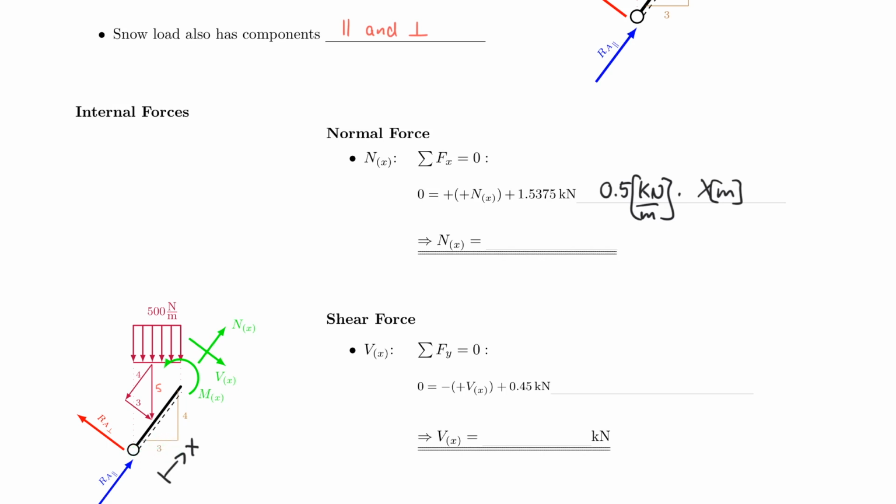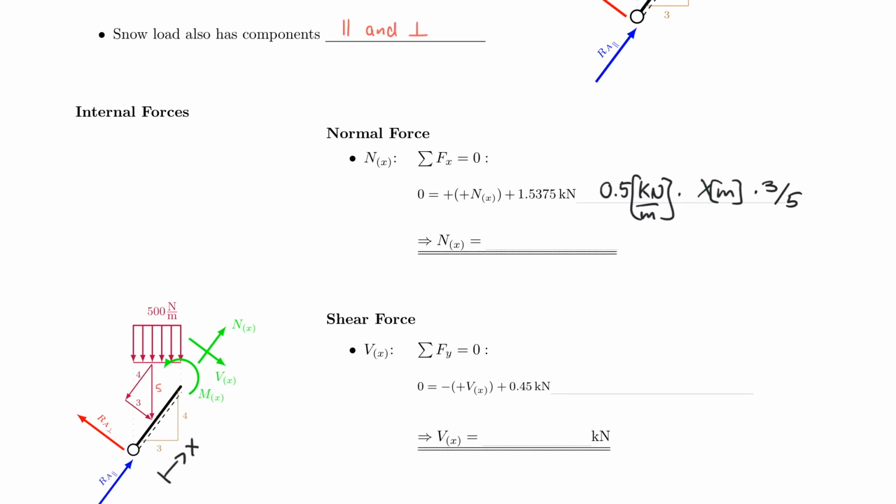So therefore, I'm multiplying this by 3 and dividing it by 5. And that makes perfect sense, right? Because x is always longer than the horizontal. And so this number here makes it always a smaller number because the x is longer.